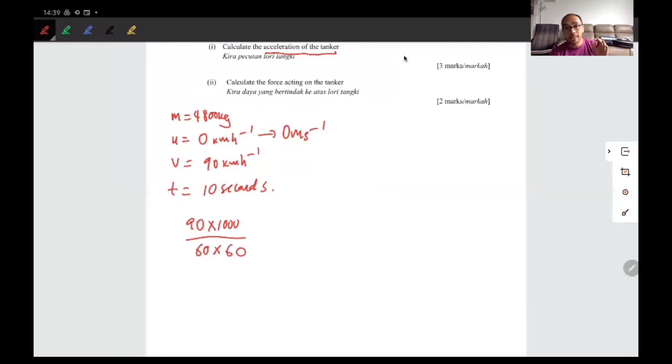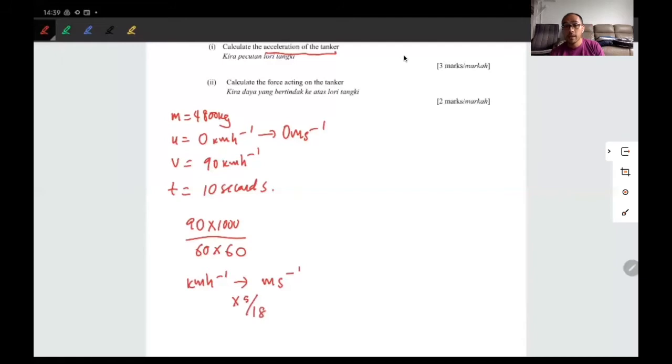But now we don't have the time to do that. So how to change from kilometers per hour to meters per second? Hold on. You just multiply by 5 over 18.